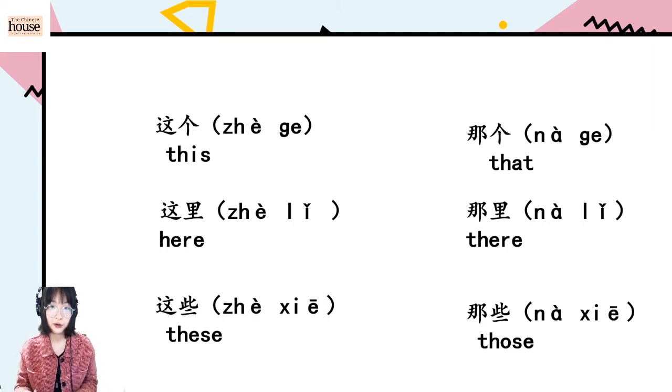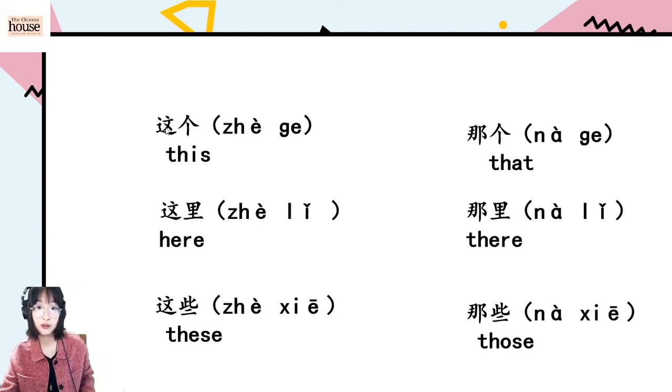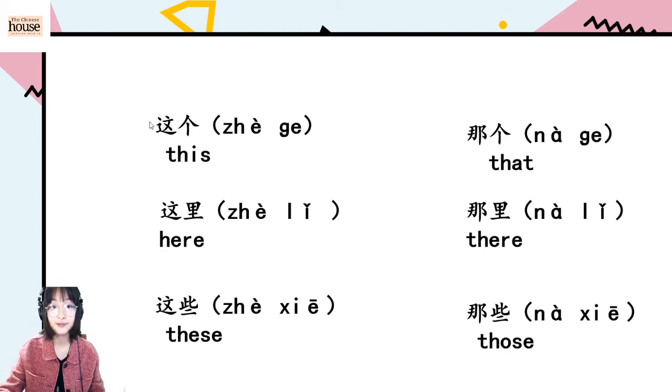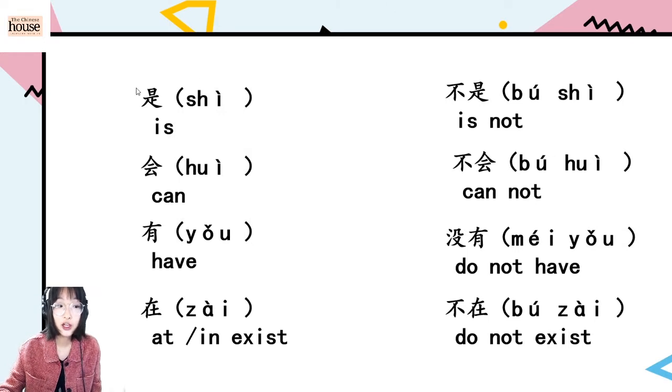If it's more than three, same as in English, you can use 些: 这些, these people 这些人, 那些, those books 那些书. So this is 是.